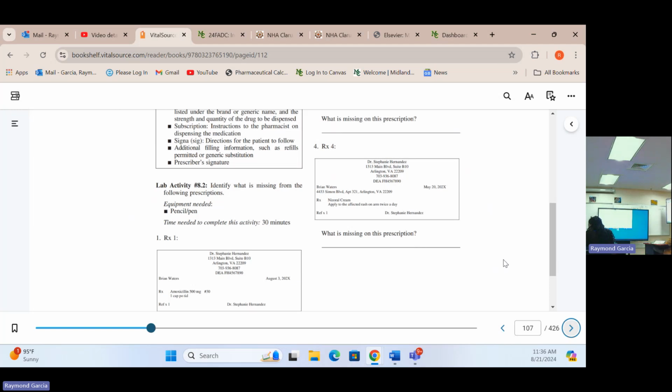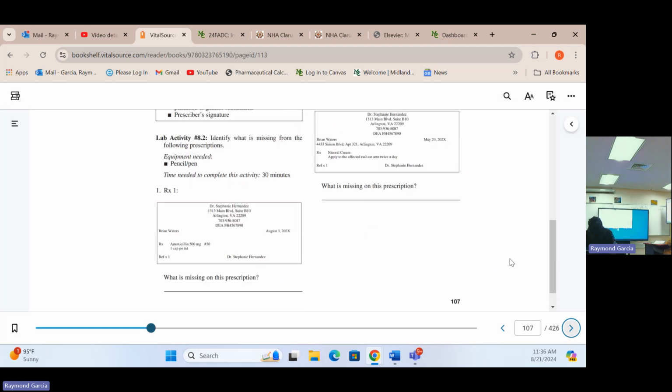All right, identify what is missing from the following prescription. Again, what is missing on the script on 8.2, number 1? Patient address, what else? Date of birth. Number 1 would be patient address and patient date of birth.